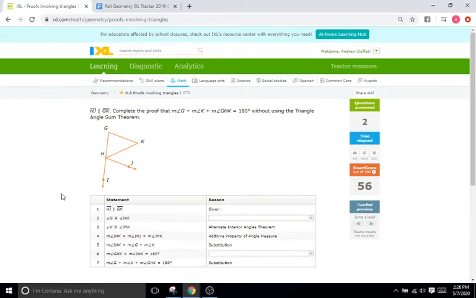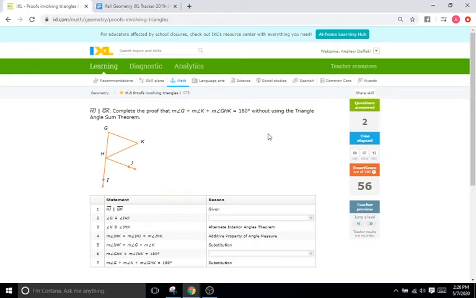Good. Okay, next one. Let's see, HJ and GK are parallel, just like the last problem. We want to prove that the three angles of the triangle add up to 180 without using the triangle angle sum theorem.